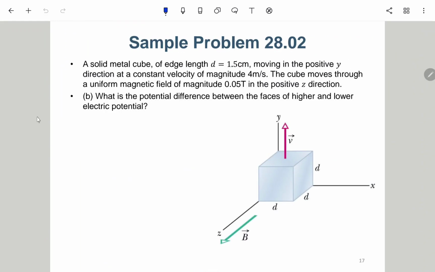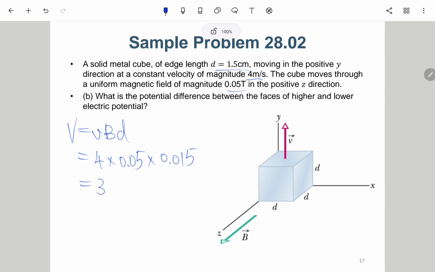For part b, what is the potential difference between the faces of higher and lower electric potential? It will be very trivial. Using V equals v times B times d, as we know the velocity is 4 meters per second, times the B field 0.05 Tesla, times d, 1.5 centimeter, which is 0.015 meter.